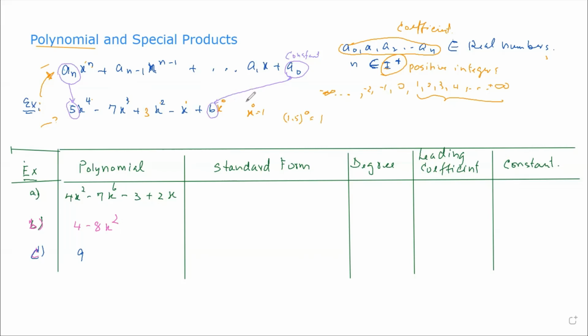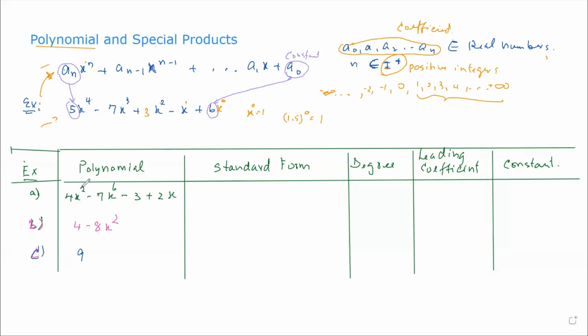Okay, now we see more examples about how we read the degree or standard form. See the example here. If I give the question: given the polynomial equal to 4x squared minus 7x power 6 minus 3 plus 2x. This is a polynomial. Why?